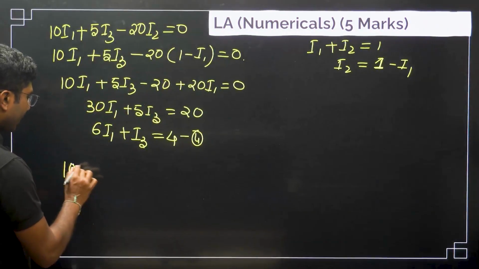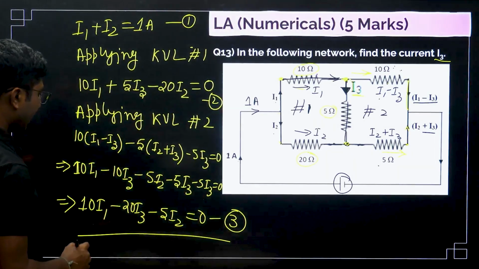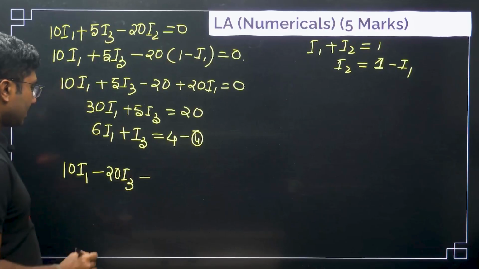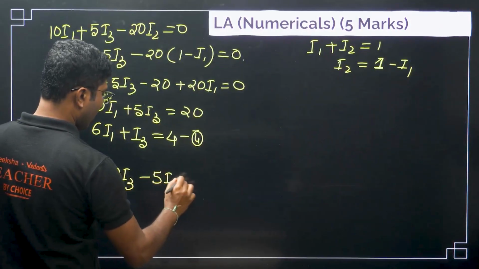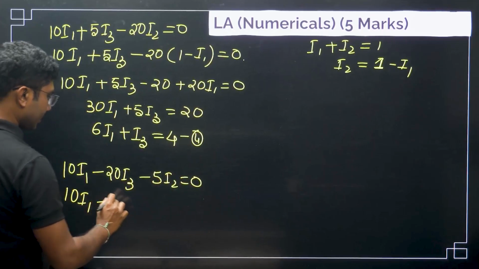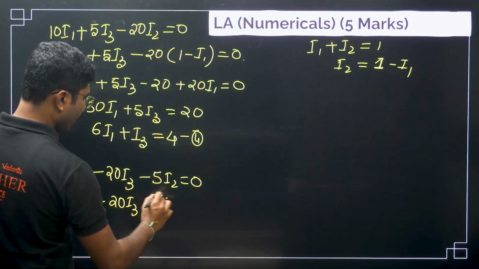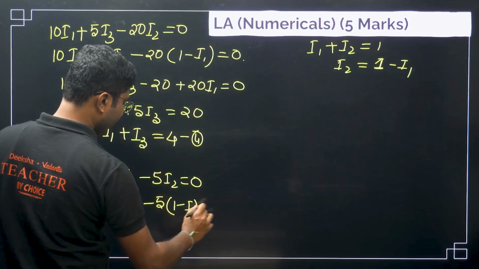So 10 I1 minus 20 I3 minus 5 I2 equals 0, or 10 I1 minus 20 I3 minus 5 into (1 minus I1) equals 0.